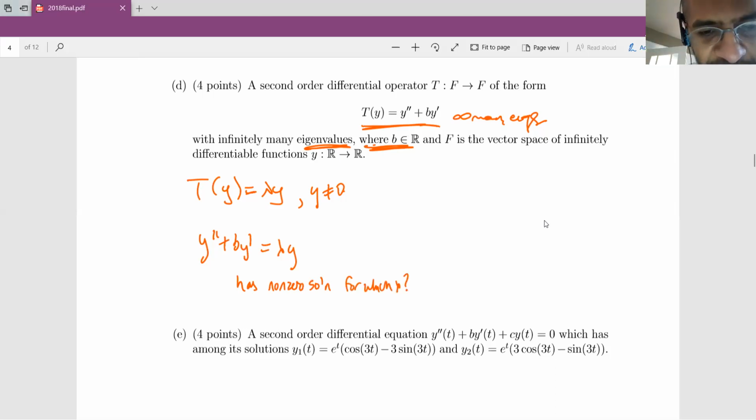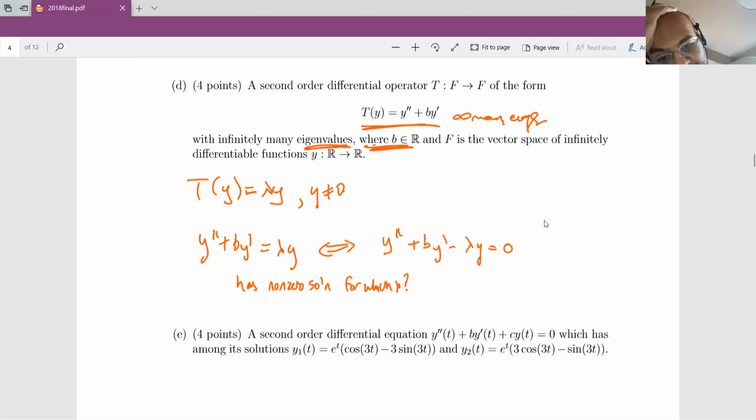Let me make this a little bit easier. Let me just rearrange this to make it a little more suggestive. For which lambda does that have a non-zero solution?